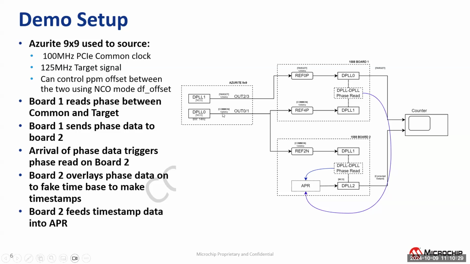So the common 100 megahertz clock coming out is to simulate the PCIe clock. And then the 125 target signal up there signifies the GNSS or the sync-E signal that we're trying to synchronize all of the other cards to.